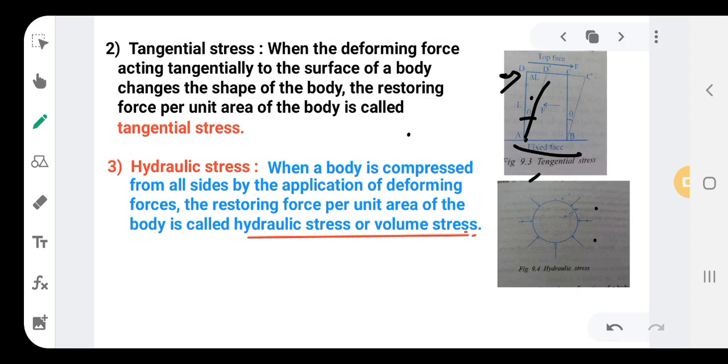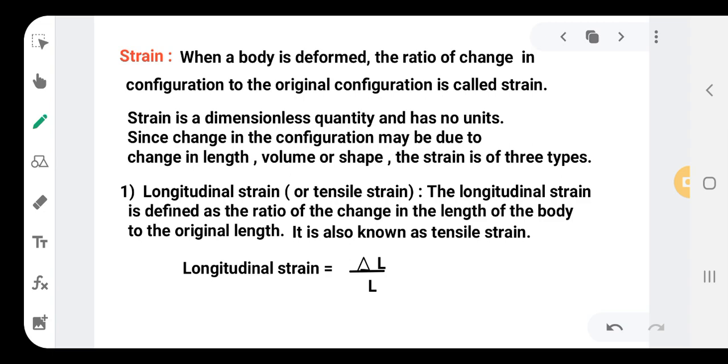Right. Now let us move on to strain. Let us see what is strain. Strain is, when a body is deformed, the ratio of change in the configuration to the original configuration. So what do you mean by configuration? Configuration is nothing but the dimension. It may be the length, or the shape, or it may be the volume.